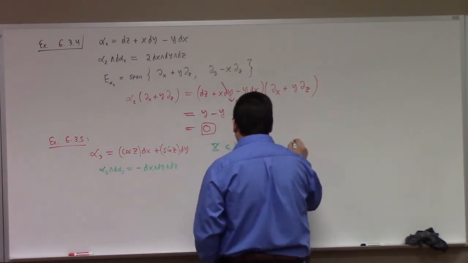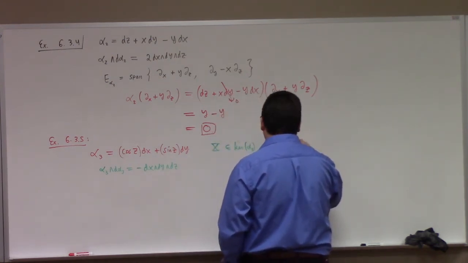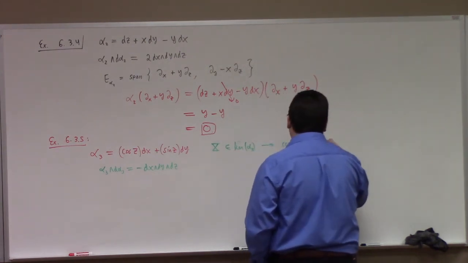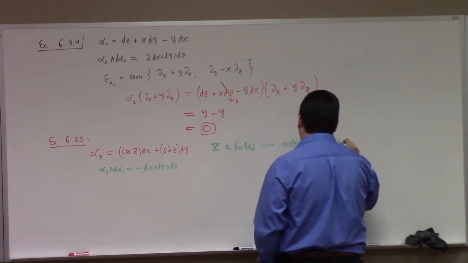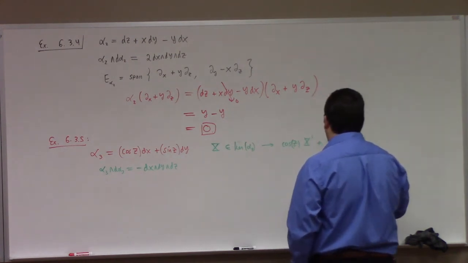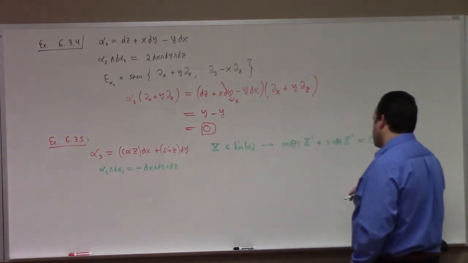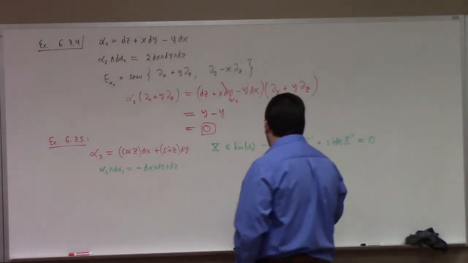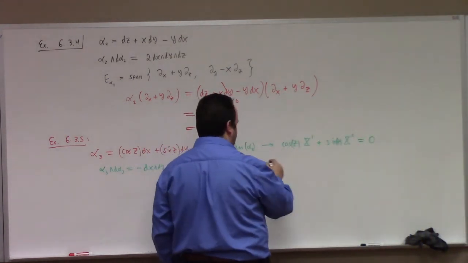It means that cosine of z times the first component of x, plus the sine of z times the second component, is equal to 0. Which is kind of annoying. Oh, I know how to solve that. Do you know how to solve that?